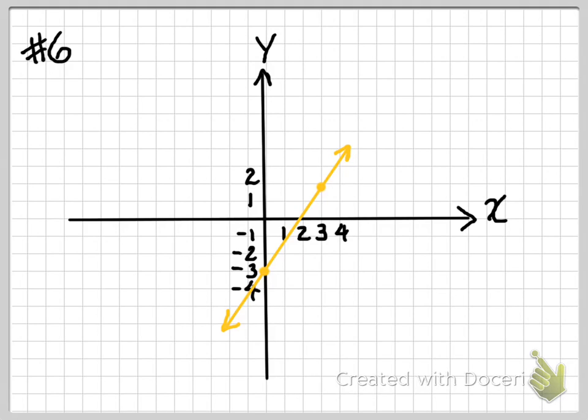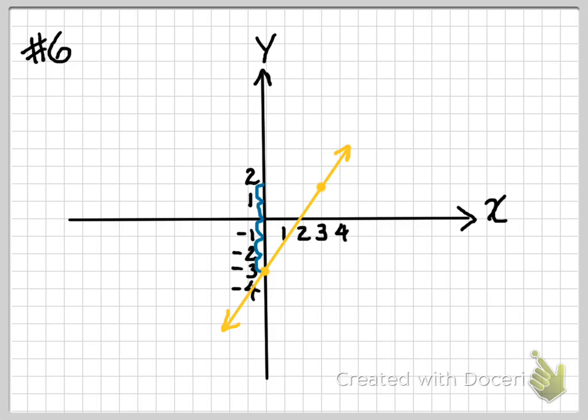Number 6. Find the slope of the line if it exists. Now to find the slope of this line, one way I could do it is use the graph. Start with one of the points, and I'm going to start with this one. Rise up 1, 2, 3, 4, 5.